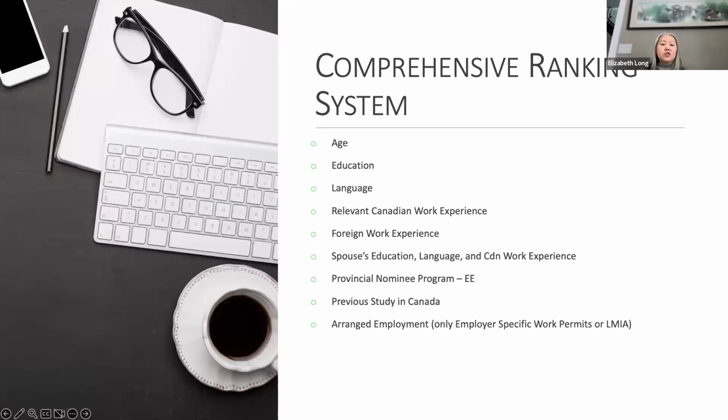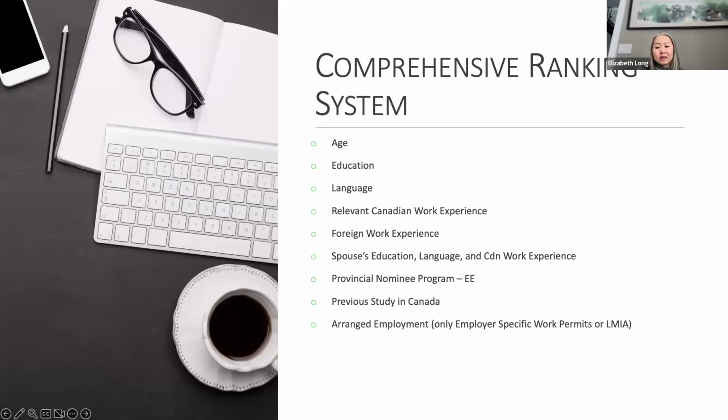And arranged employment. So arranged employment is where you have an employer-specific work permit or LMIA, and you have a job offer in Canada. So the post-grad work permit doesn't work because it's an open work permit, okay? You do get either 50 points or even 200 points for working as, if it's 200 points, an executive management level.